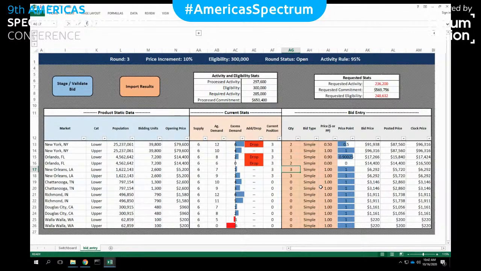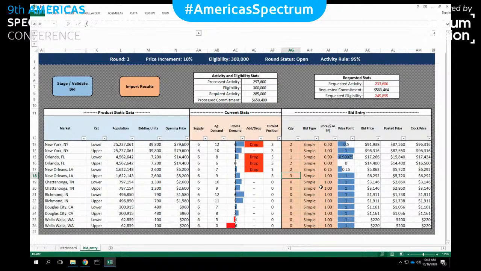Okay, and then finally, we're going to drop 1 block in the New Orleans lower at a price point of 0.25. There's 1 unit of excess demand here. It's pretty common to think that there's a guarantee that because I'm dropping 1 unit of demand and there's excess demand of 1, that the posted price of $5,720 will only rise to my $5,863.